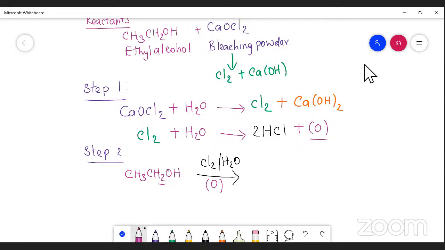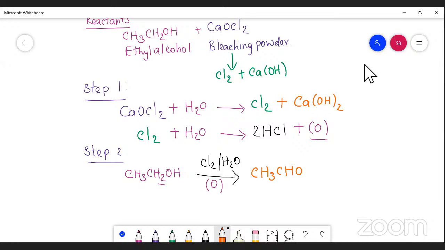Here hydrogen is removed, and we get the product acetaldehyde, CH3CHO. So primary alcohol on oxidation gives aldehyde in presence of chlorine water.